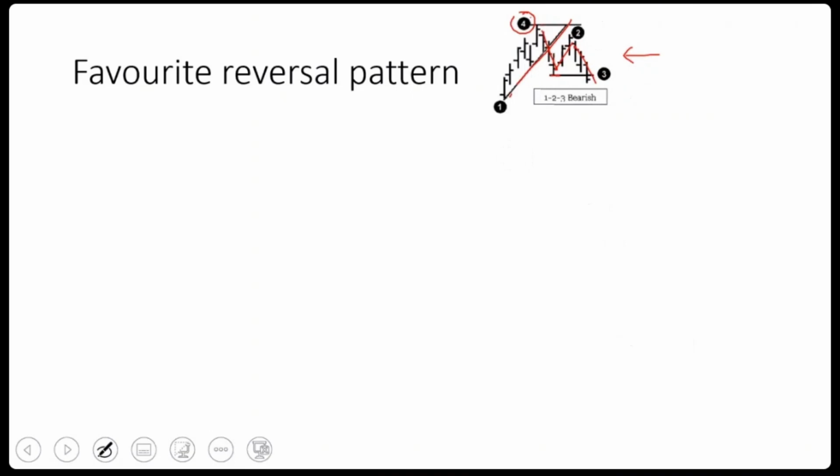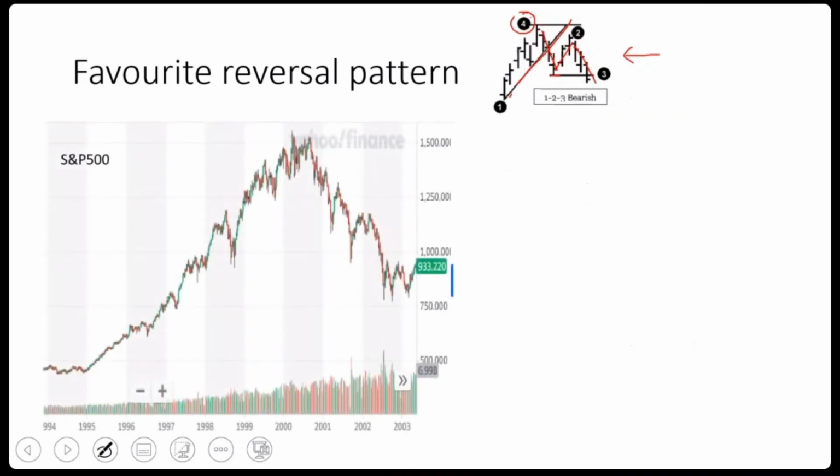So when I look at the S&P 500 for the dot-com situation, you've got number 1, and after that this has created a high, so this is so-called number 4. Then the market tries to rally, breaks down the trend line, tries to rally back, so this is number 2. It fails to rally back above the previous high, thus creating a lower high.